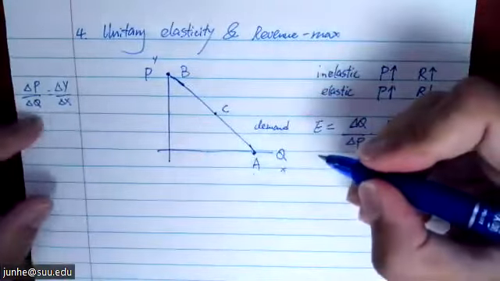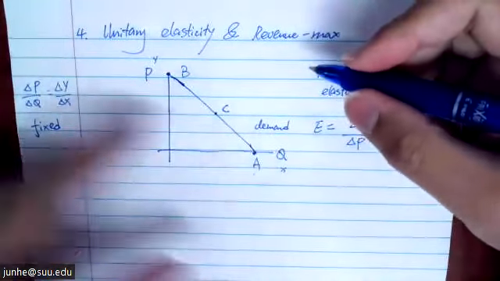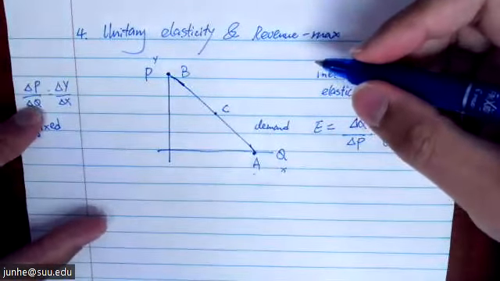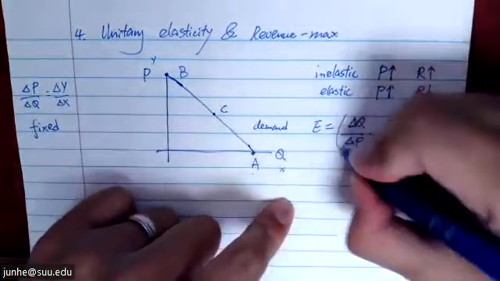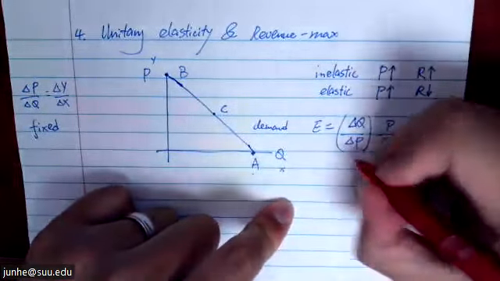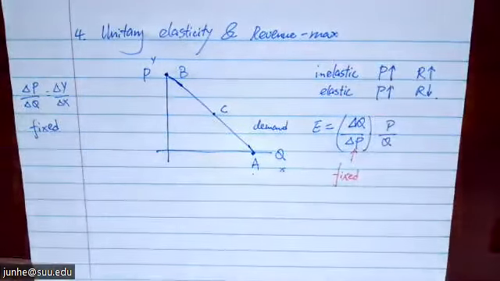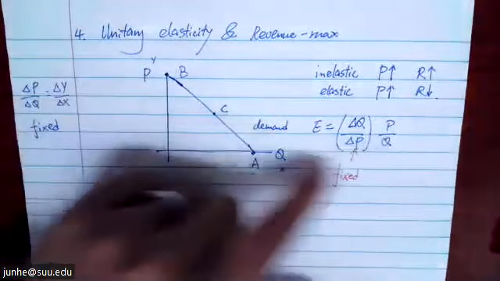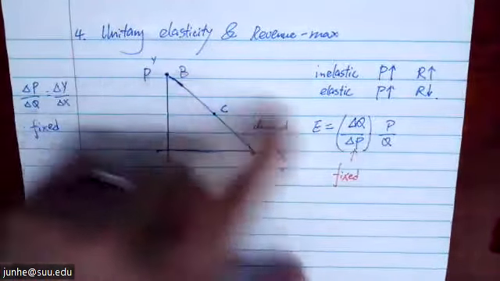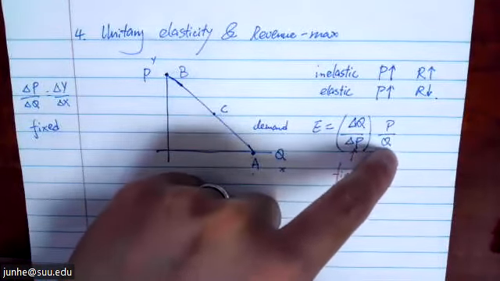This is fixed for a linear demand. But if delta P over delta Q is fixed, then its inverse, delta Q over delta P, is fixed as well. Then along the line, the elasticity of each dot hinges on the values of P and Q.